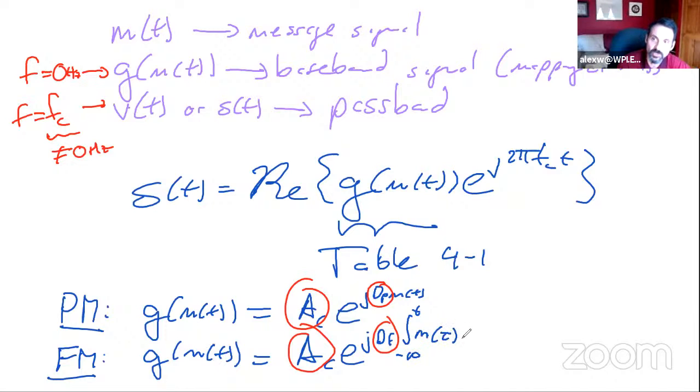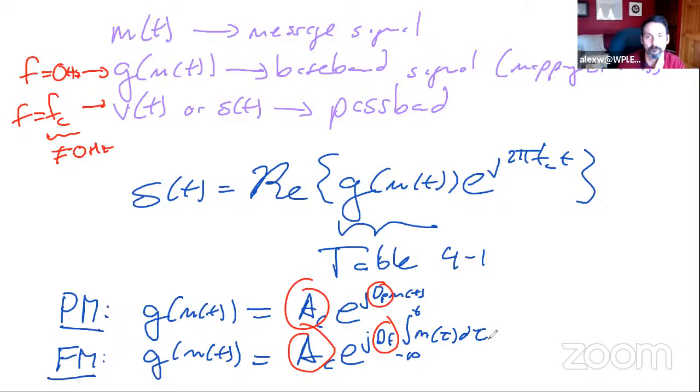So that message signal, as it goes from minus infinity to now, we integrate all those values up until the present. So that's FM, and PM is just the message straight in as the phase information. The nice thing about FM is it's smoother because of that running integration, whereas with PM it's value, value, value, and so the phase changes more quickly.